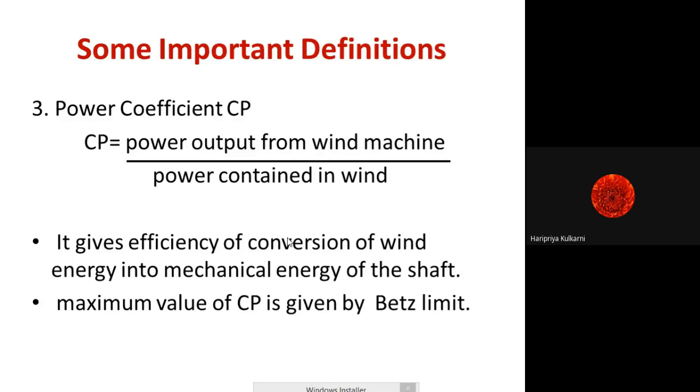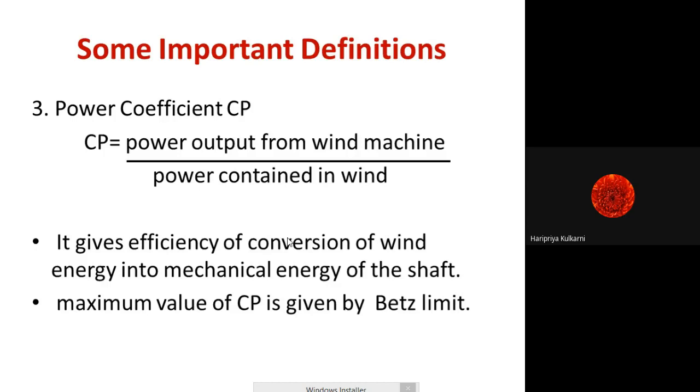So it is a conversion efficiency, of wind energy into mechanical energy at the shaft. Further, we have to consider the efficiency of the generator, wiring and everything. Then we will be able to find out the efficiency of the total wind system.